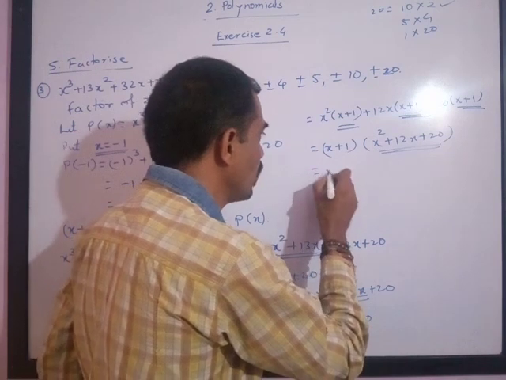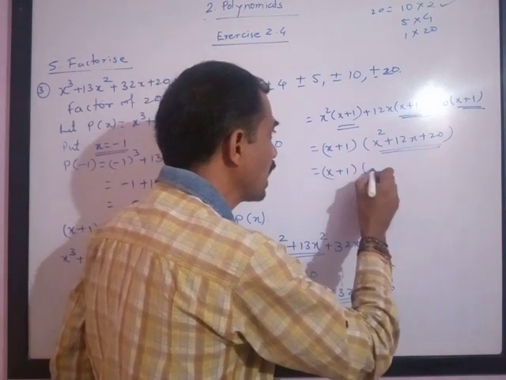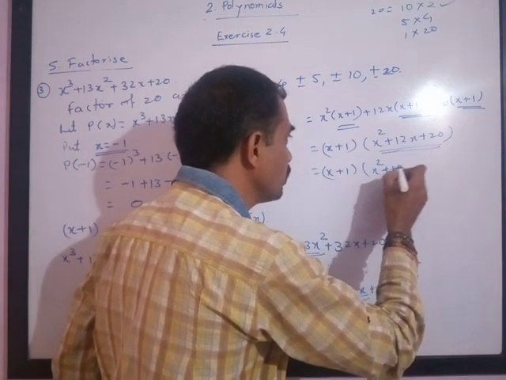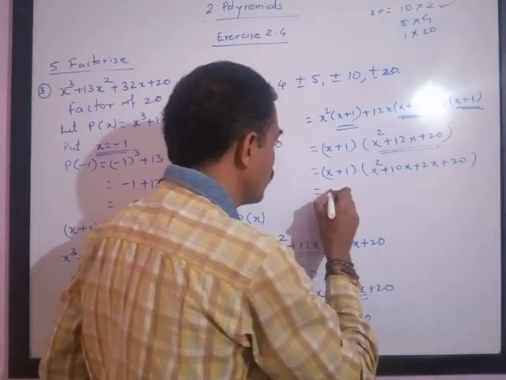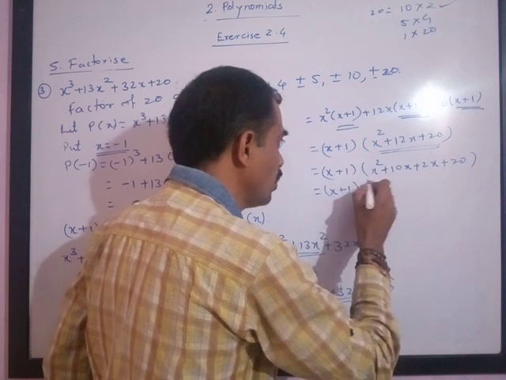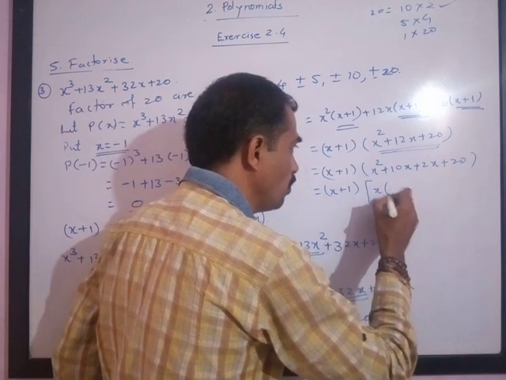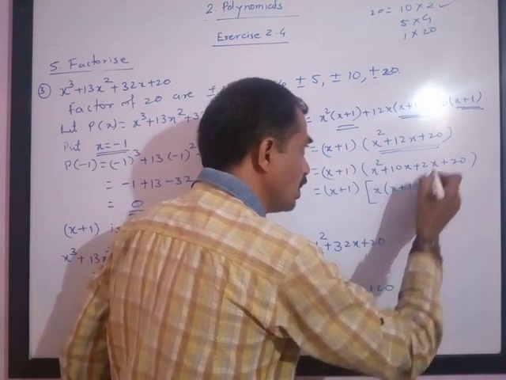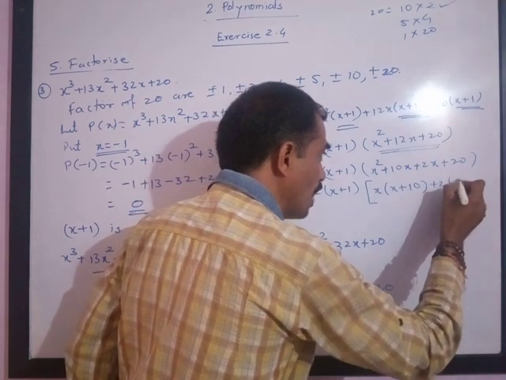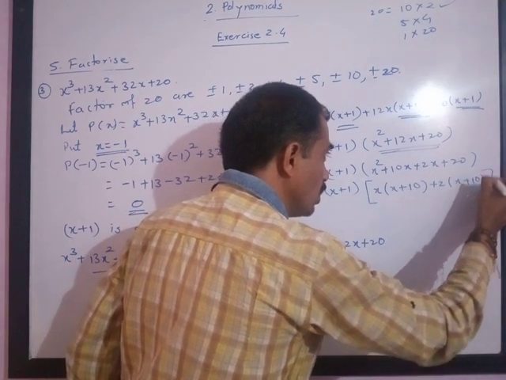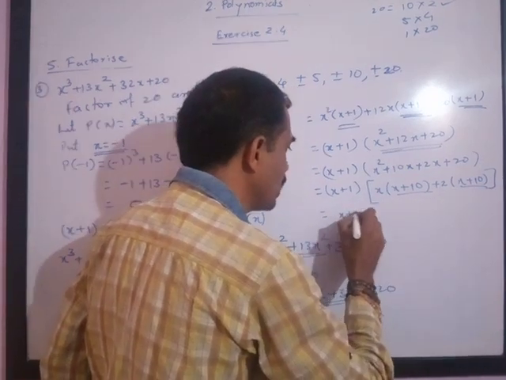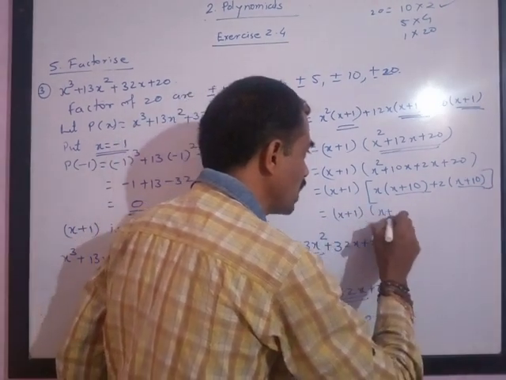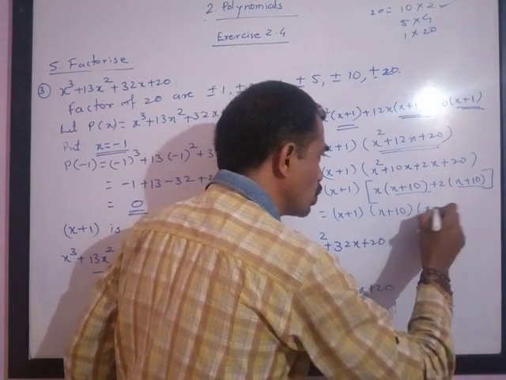So this is equal to x plus 1 in bracket x square plus 10x plus 2x plus 20. This is equal to x plus 1 as it is. From this, if you take x common, we will have x plus 10. If you take 2 common, you will have x plus 10. So x plus 10 can be taken common. This is equal to x plus 1 into x plus 10 into x plus 2.